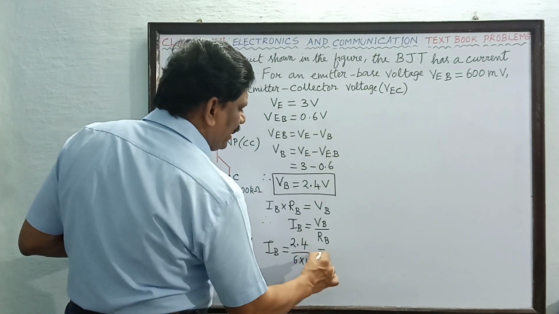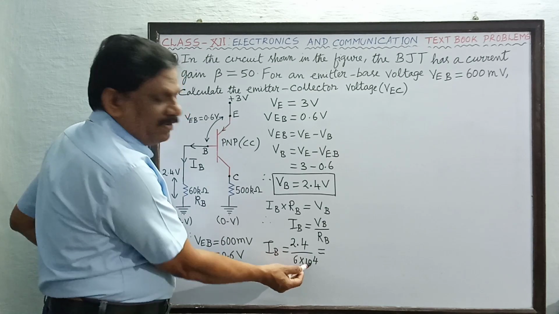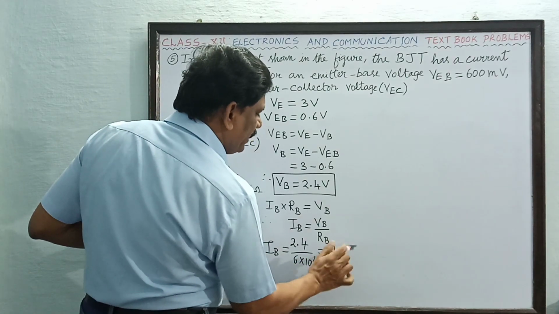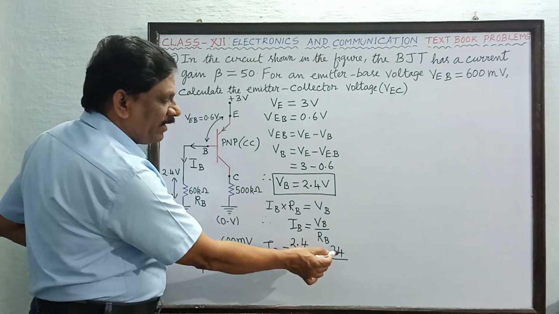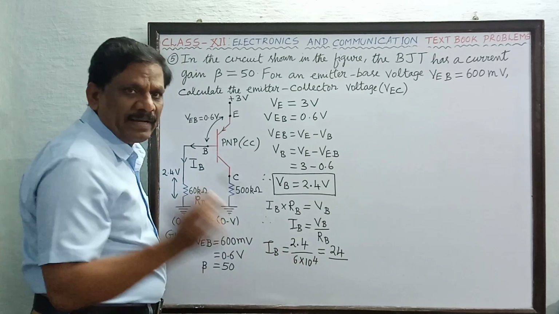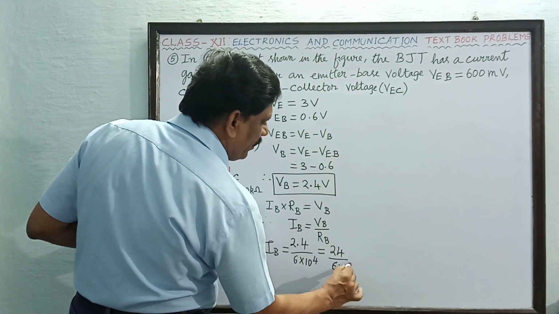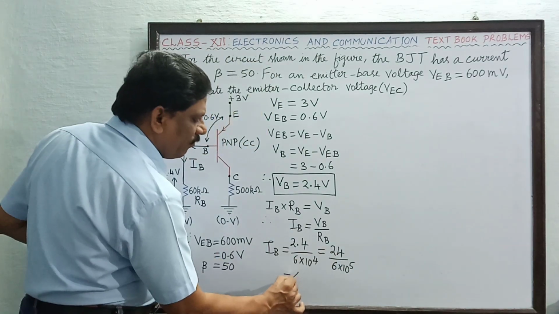Or this also can be written as, 2.4 can be made as 24, multiplying both sides by 10, and 10 power 4 becomes 10 power 5. So this is 24 divided by 6 into 10 power 5. So this is equal to, 6 4s are 24.